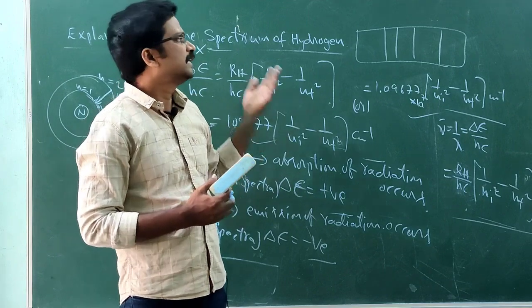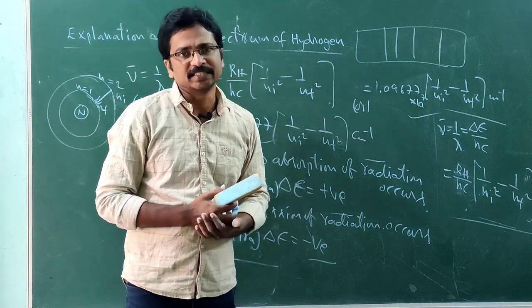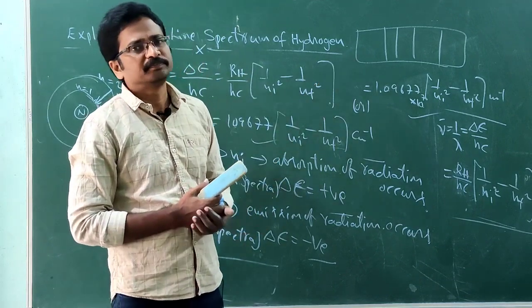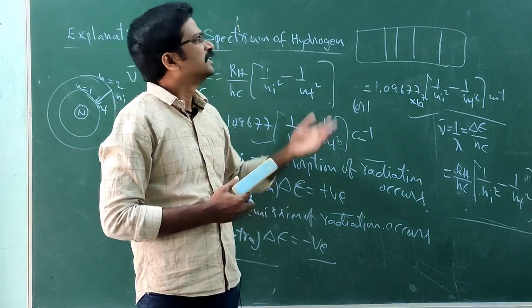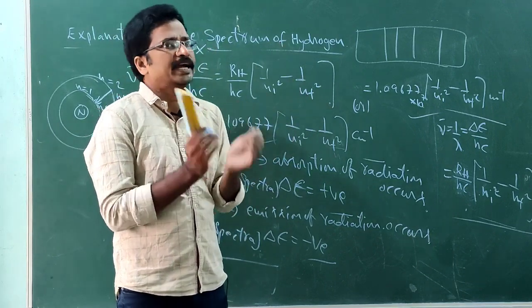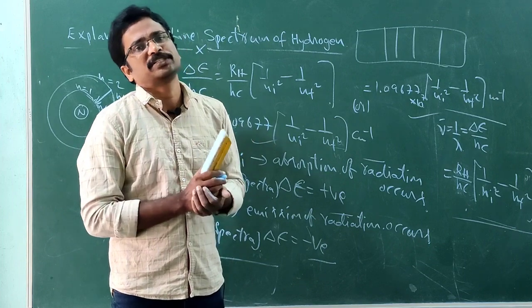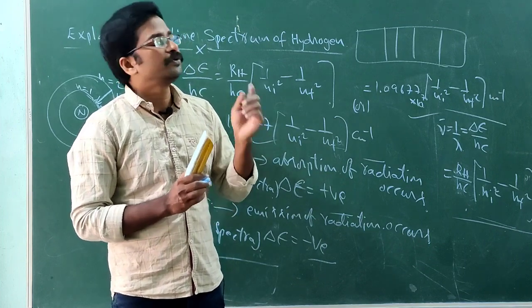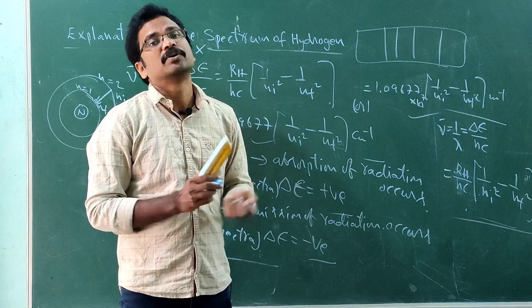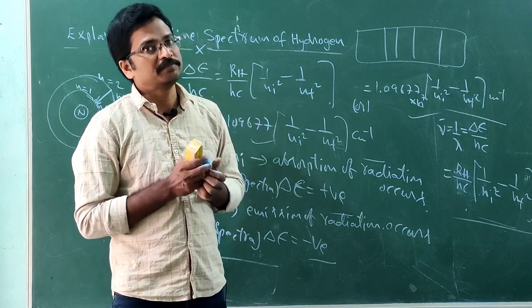How can we explain these lines of the hydrogen atom? If we are taking hydrogen, there are so many hydrogen atoms. We cannot take a single hydrogen atom, we take a lot of hydrogen atoms.